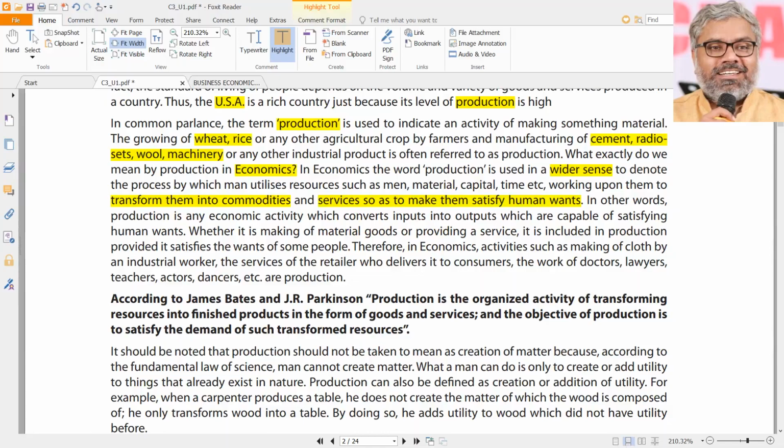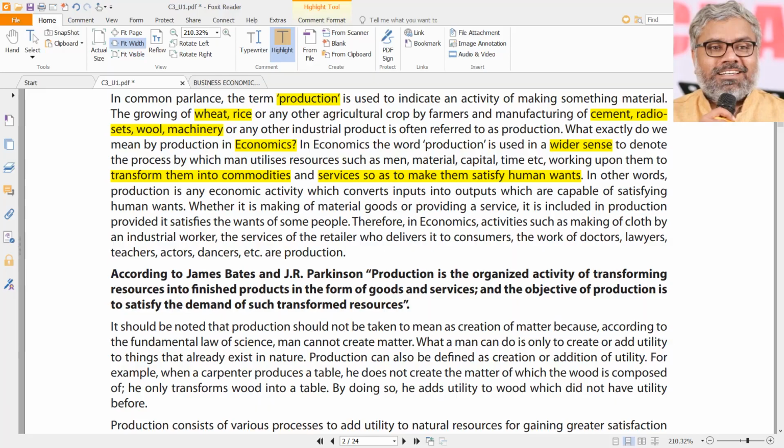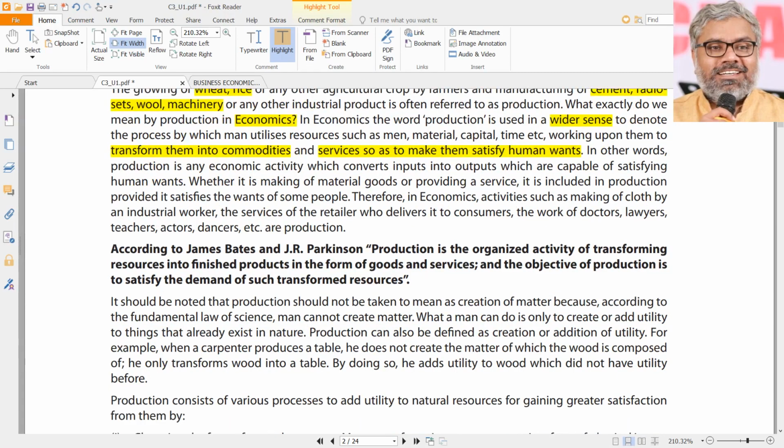To sum it up simply, the process of transforming certain things into better things or sellable things as commodities, or the process of providing services so as to satisfy human wants, is what is called production.